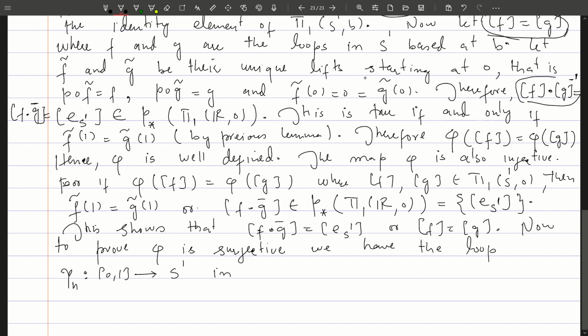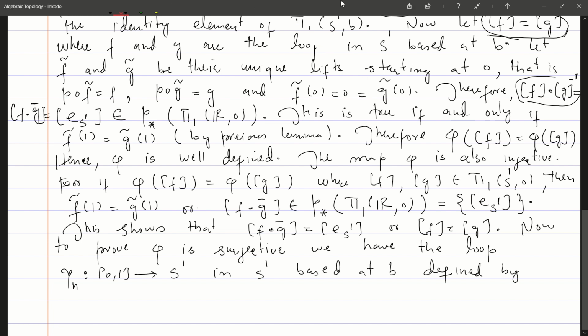So this is a loop in S1 based at point b, and this loop is defined like this: gamma n of s is equal to p of ns, which is the map cos of 2 n pi s, sine of 2 n pi s.